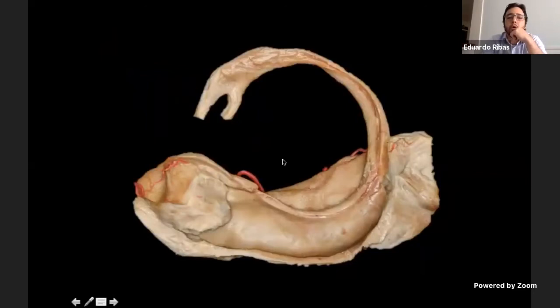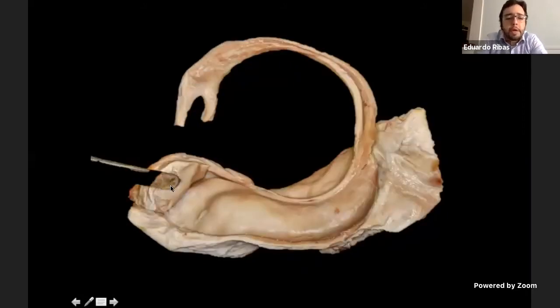This hole here is the place of the thalamus. So it is embraced by this C-shaped structure formed by the fornix. So amygdala anteriorly, then hippocampus and fornix. We can see here that the amygdala and the head of the hippocampus are already separated.